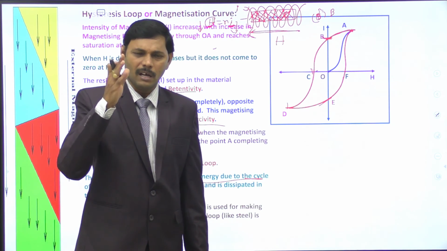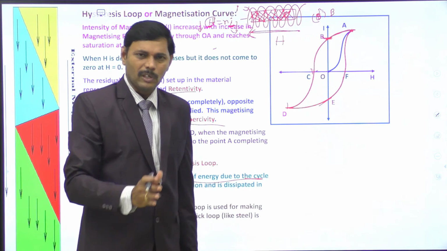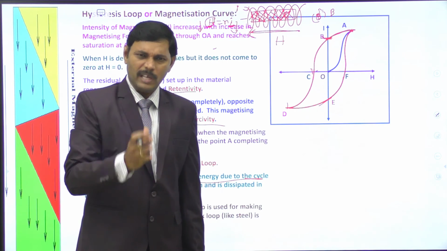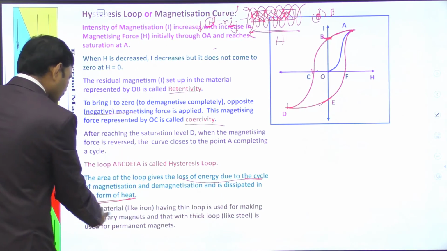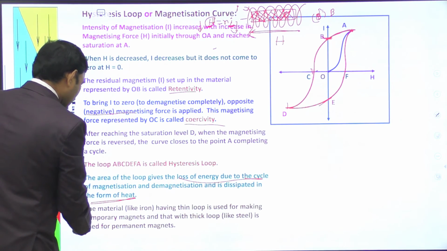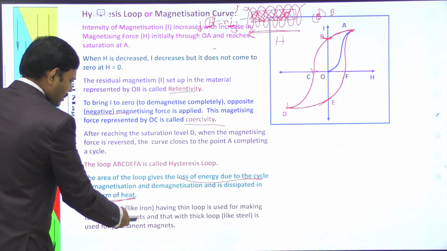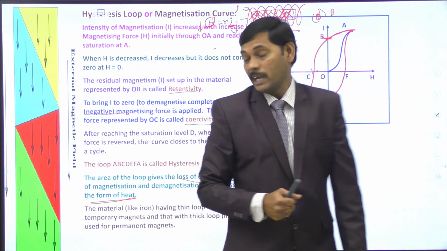Soft iron is a very good ferromagnetic material which has less area of the loop, and it is very useful to prepare electromagnets. Therefore, a material like iron having a thin loop is used for making temporary magnets, that means electromagnets. Another name for temporary magnets is electromagnets.